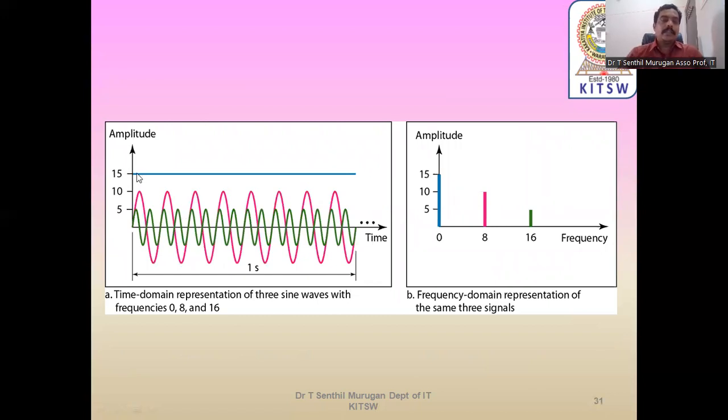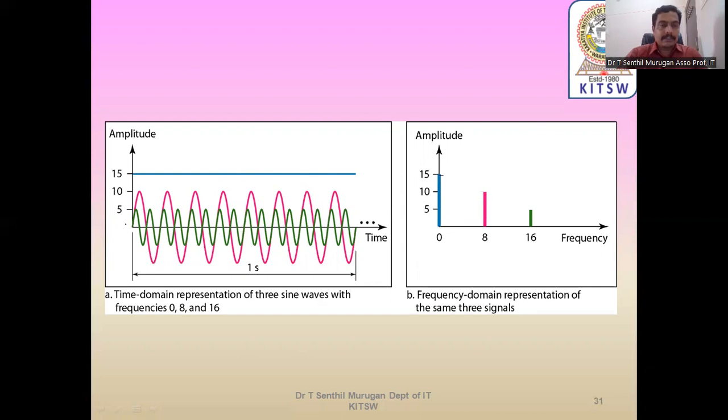Here there is no change in the signal, it is 15 volts. What is the frequency value? The frequency is 0 because the wave is straight, there are no alterations. So the frequency value is 0 and 15 is the amplitude. The second wave, the pink wave, has a peak amplitude of 10.